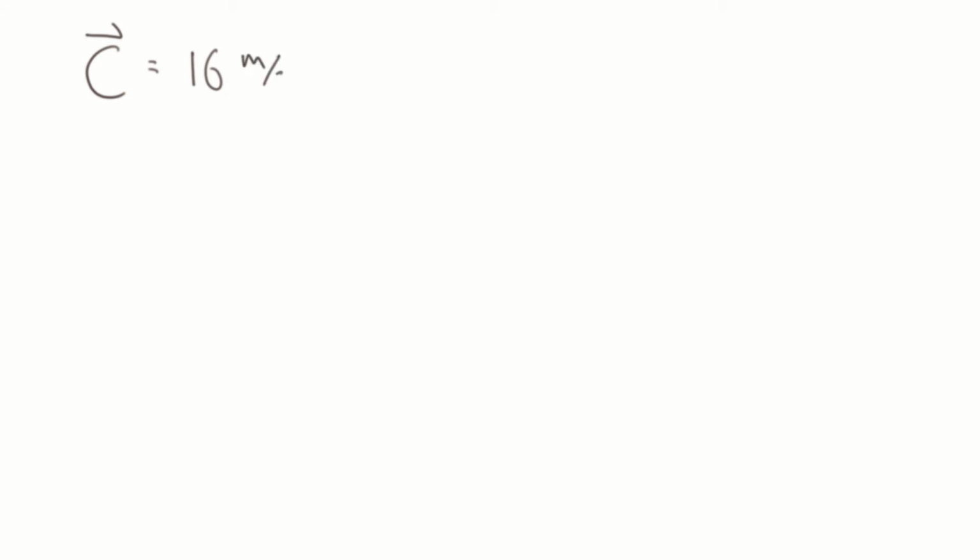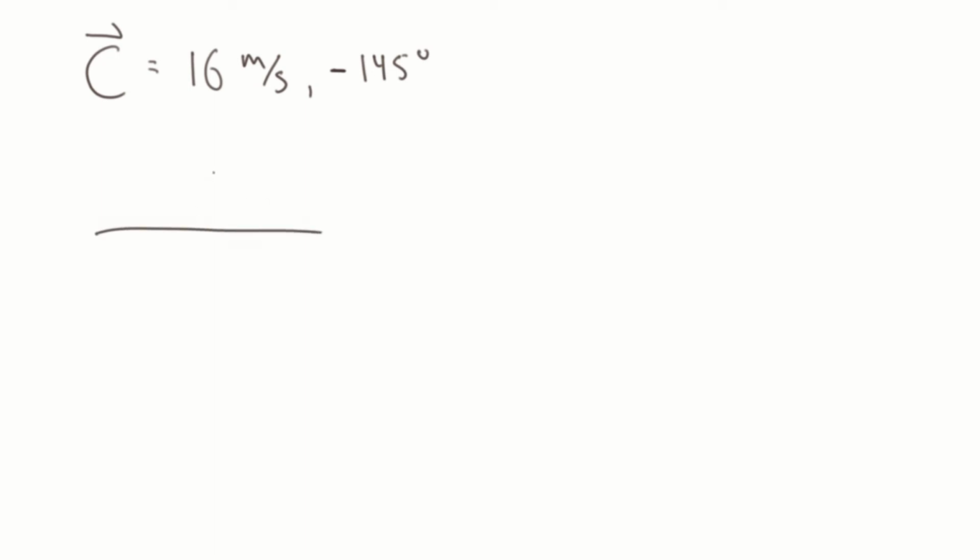I could choose any vector quantity, meters per second. 16 meters per second, so we'll get a velocity, and let's say it's going at negative 145 degrees. So again, as long as it's a standard angle, it doesn't matter what initial value I give. Just make sure it's with respect to the positive x-axis.